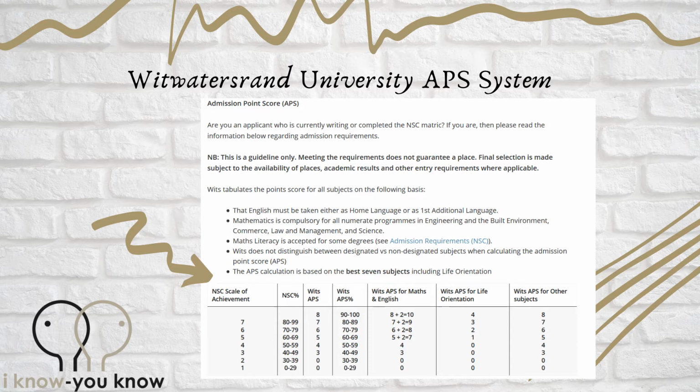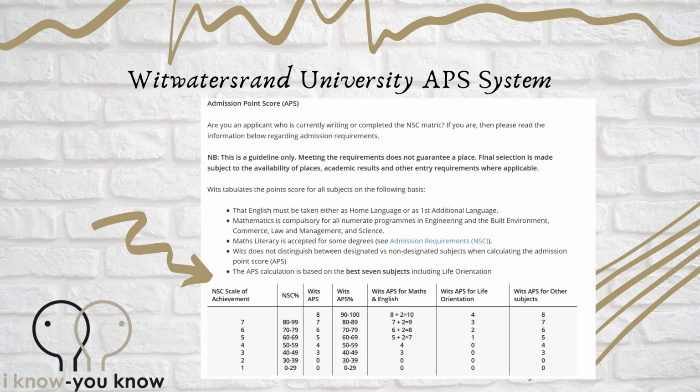And looking into the table, which is looking into more detail of exactly how they calculate it, you'll see that the first column refers to the NSC scale of achievement. Those are the levels that you would see on your report normally, which coincide with the percentage you received, as you can see in the second column. Then in the third column, they show you the Wits APS, and the fourth shows the Wits APS percentage.